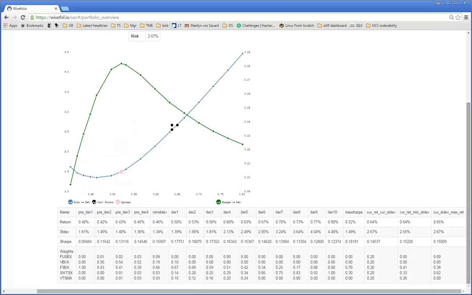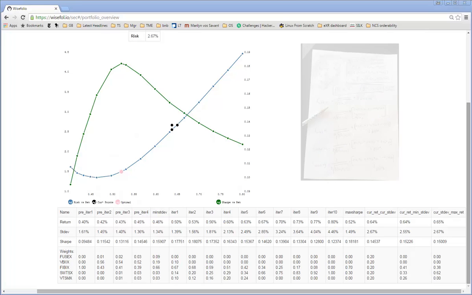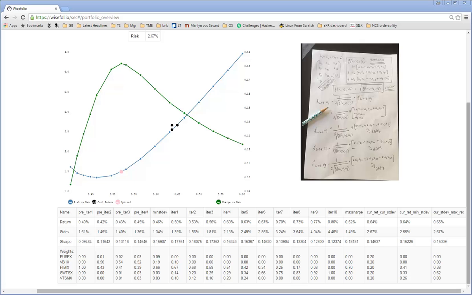If you take a step back to understand the sophistication of the algorithm that lets you see these visually, in the back end, what we're doing is we're solving a nonlinear equation by varying the weights of the tickers and minimizing the standard deviation for a given return, or maximizing return for a given risk, along with a whole bunch of constraints such as weights have to add up to 100%, no shorting, that is weights have to be greater than 0%, etc. With liberal use of concepts from calculus, partial differential equations, and Jacobian derivatives.